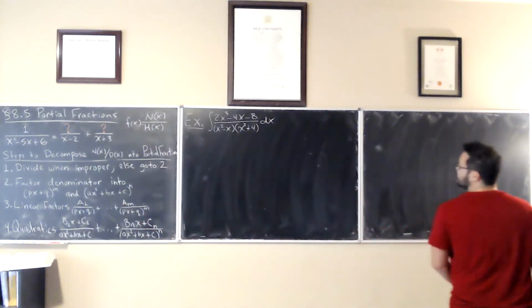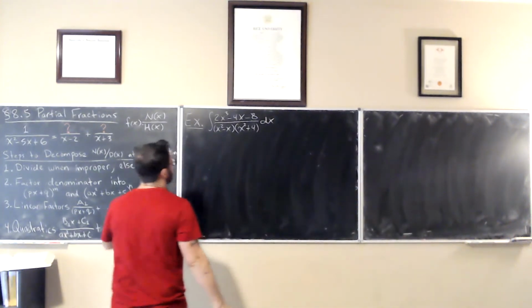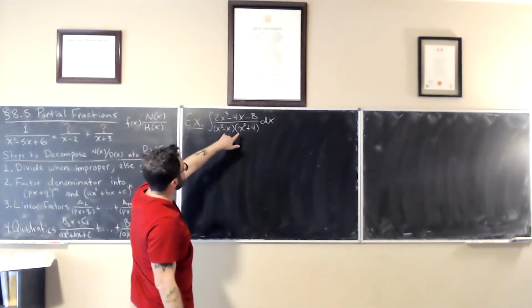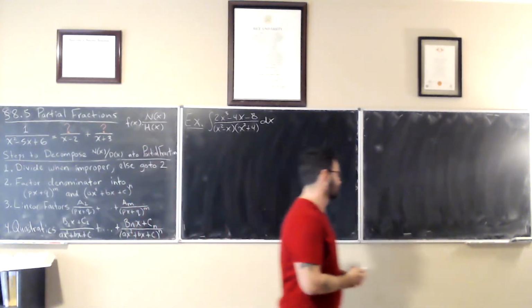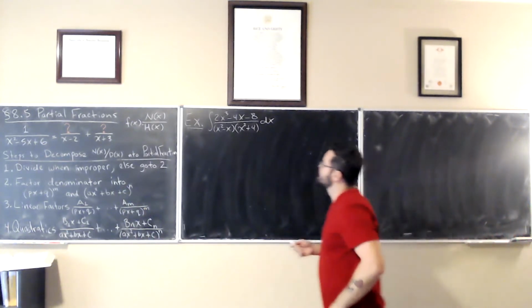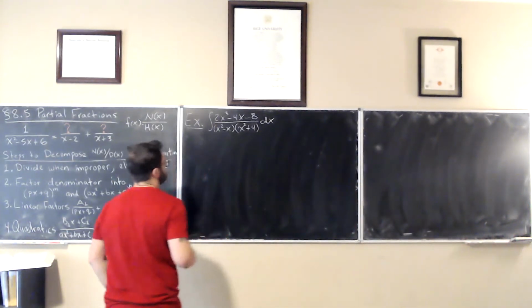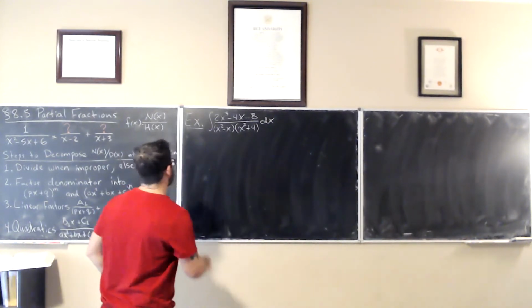Okay, so one thing to just immediately make sure of is that the power in the denominator is greater than the power in the numerator, so this is a proper rational sort of expression. So let's go ahead and factor the bottom until there's no more factors.